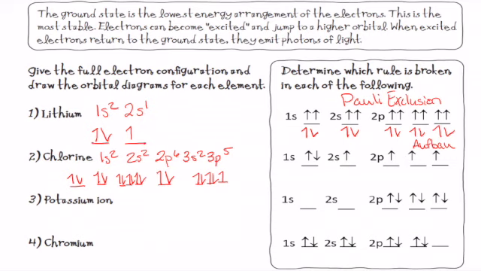And this one says that all of the lower energy orbitals must be filled before moving to the next one. For the third one, that's again Aufbau's principle. And finally, Hund's rule, which says that a single electron with the same spin must occupy each equal energy orbital before an additional electron with opposite spins can be added.